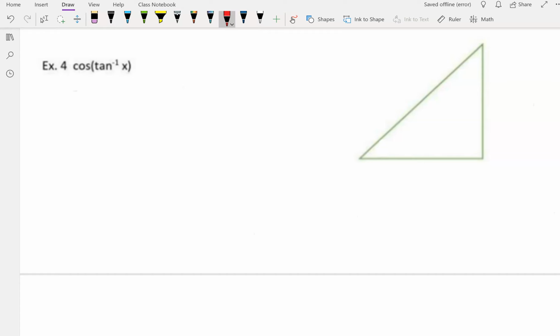All right, so we're starting with tangent. Tangent is opposite over adjacent, and we need this to be a fraction. So we have theta, we have opposite over adjacent. So opposite must be x, and adjacent must be 1. And then we're going to try to find cosine.